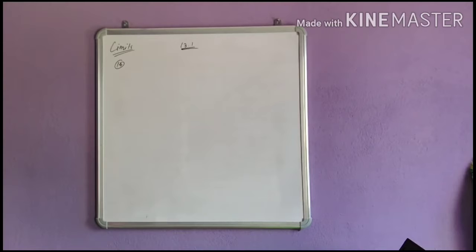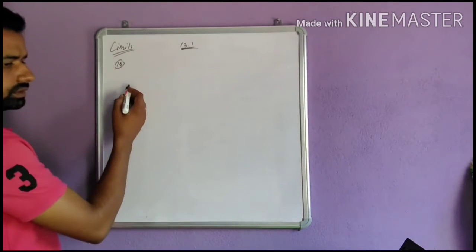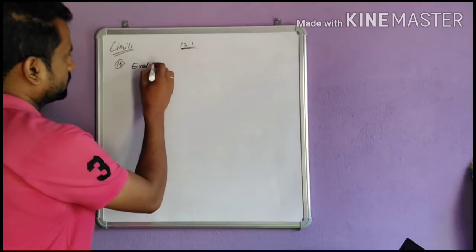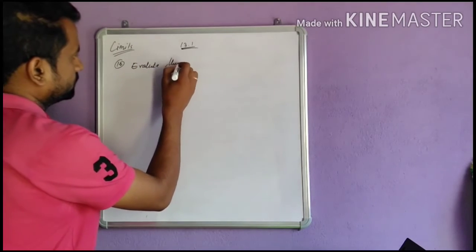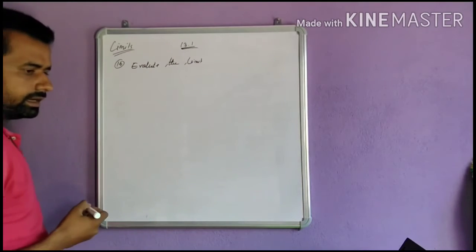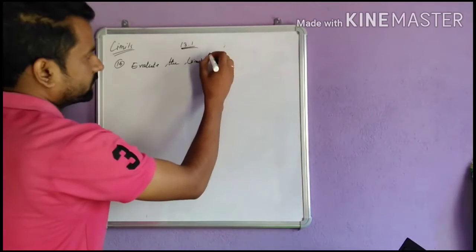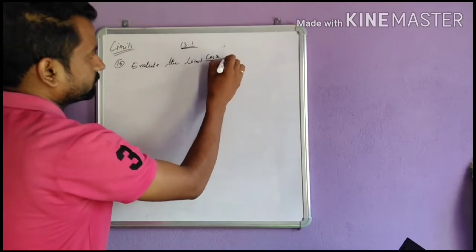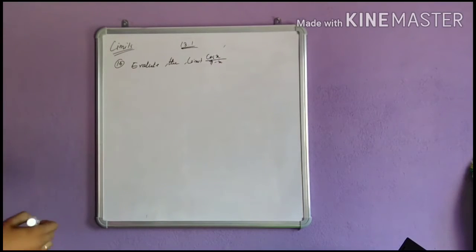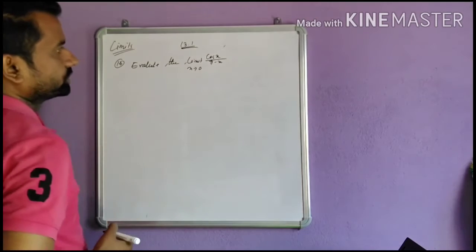The question is, evaluate the limit of cos x by pi minus x, as x tends to 0.